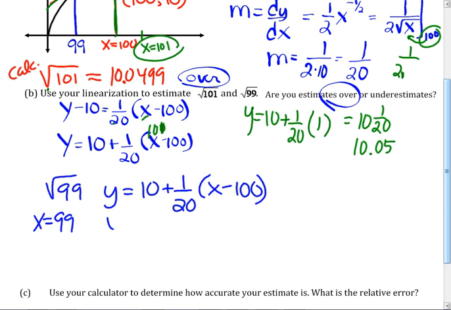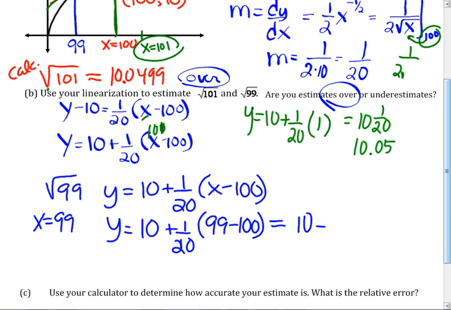And you're right, I'm going to get a negative number, because it's 99 minus 100, times a 20th. And so that's going to give me 10 minus a 20th, or 10 minus 0.05, which would give me 9.95.